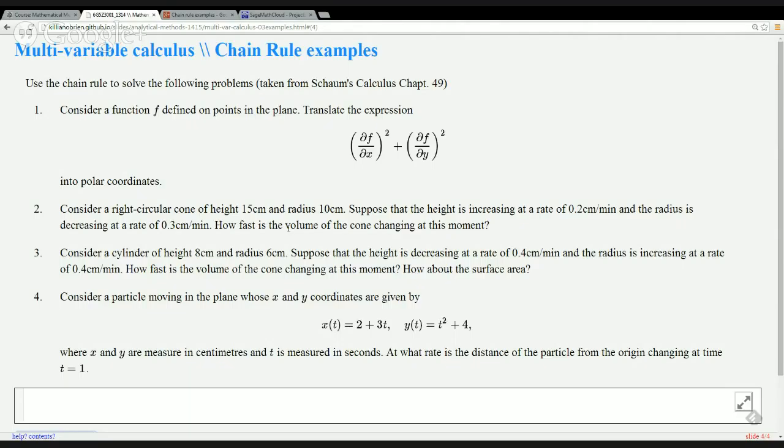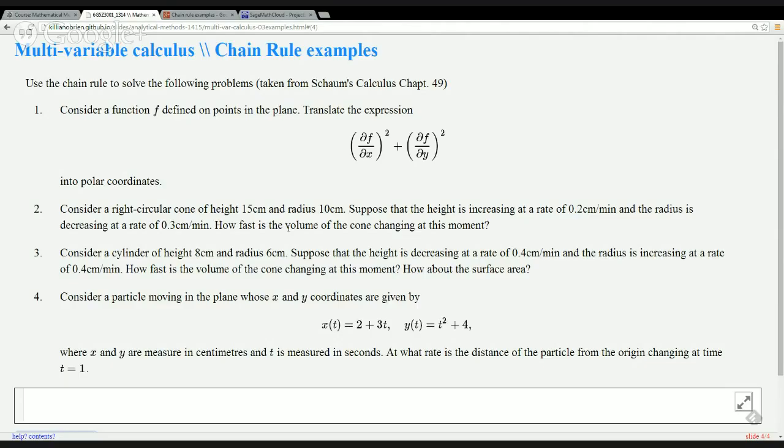So this is 10 centimeters on the radius and 15 on the height. But it's some kind of a dynamic cone, and the radius and height are changing as described in the question.